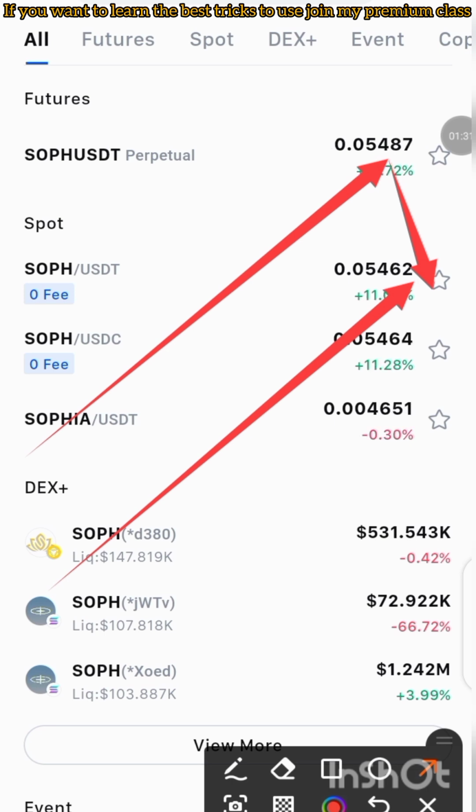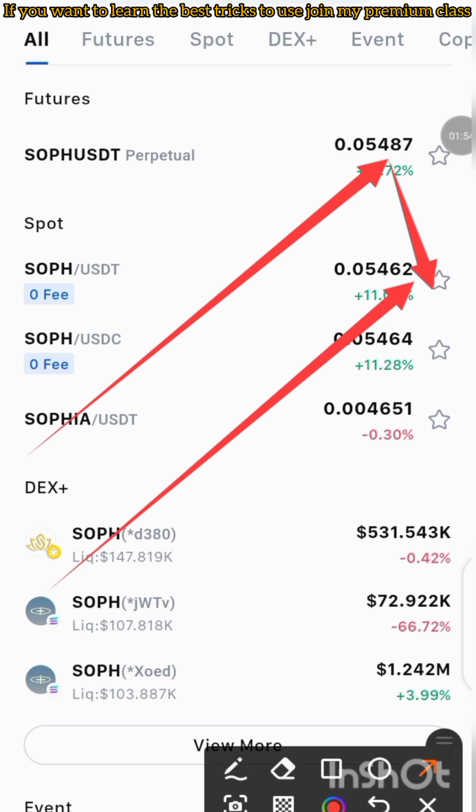So if the spot is going down, the spot will first go down, and the future will follow it to that particular place. And when the spot is going up, the spot will first go up, and the future will follow. Remember, you can only do this on the MEXC exchange, which is this particular exchange. It is a popular exchange that I'm using here.